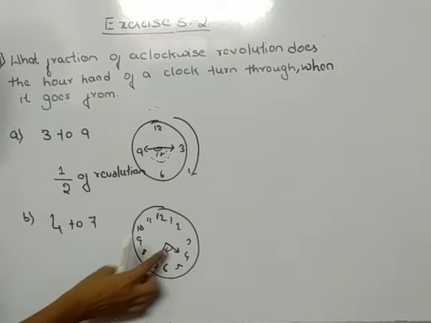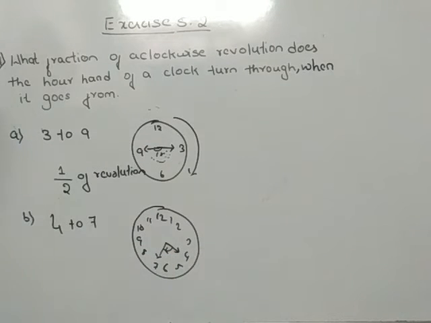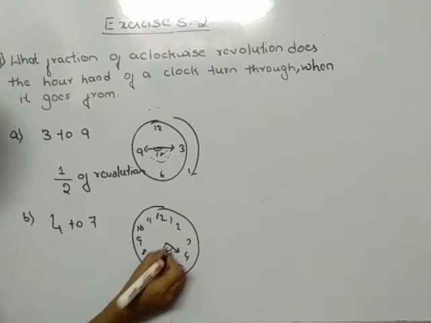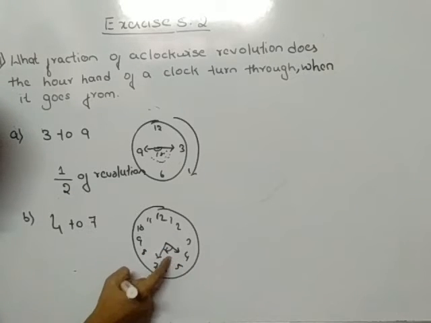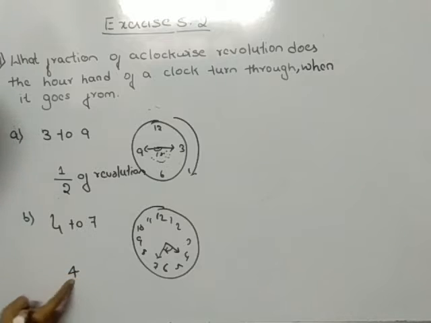Isn't it? How many 90 degree right angles can be formed to make a complete angle? That is nothing but a revolution. We require 4 right angles, isn't it? To make one complete angle, we require 4 right angles.